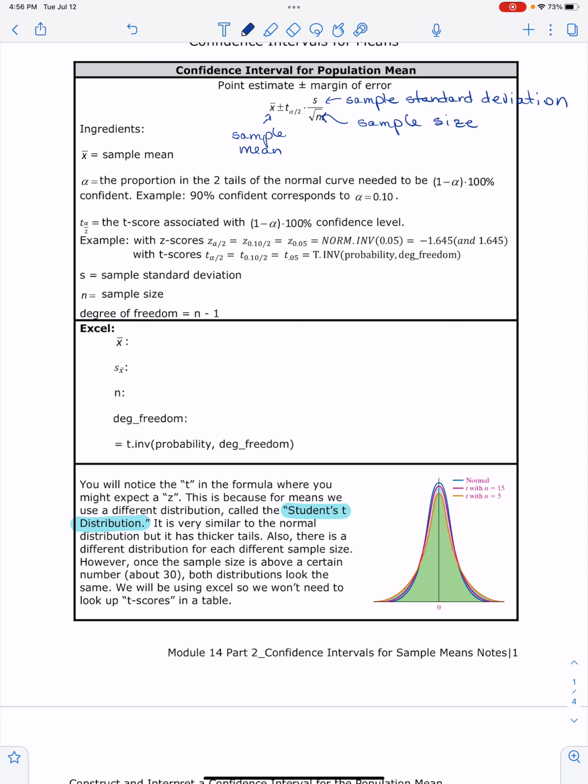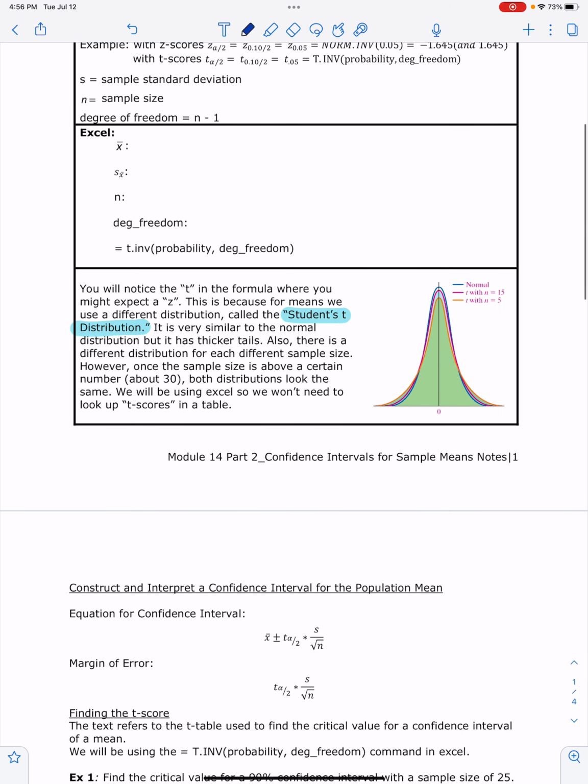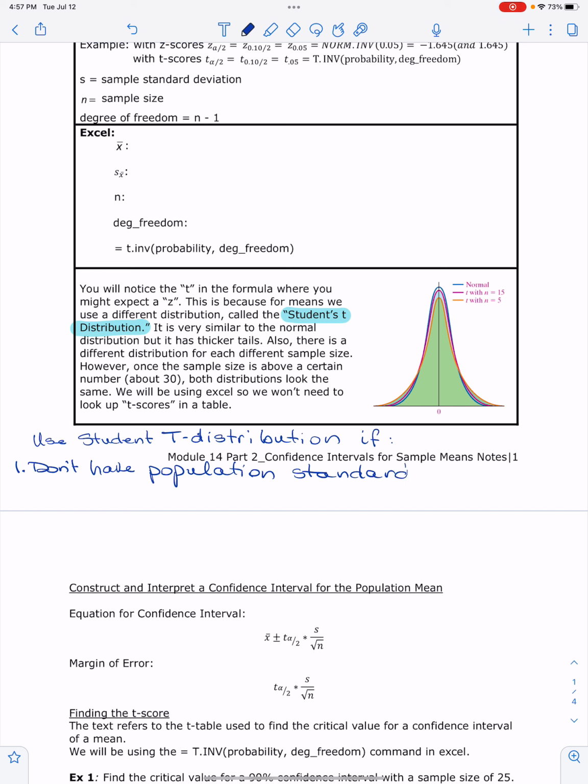The tails are going to be a little thicker, but we use the student t distribution if, first off, we don't have the population standard deviation, which is most of the time, or our sample is too small. So our sample size is less than 30.